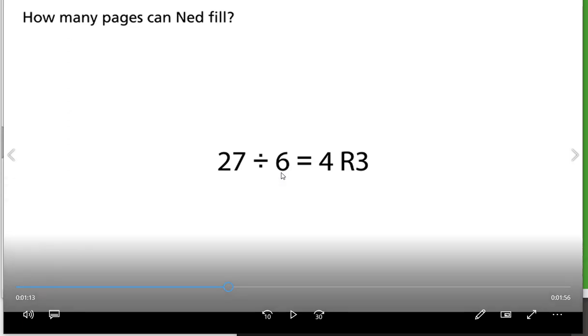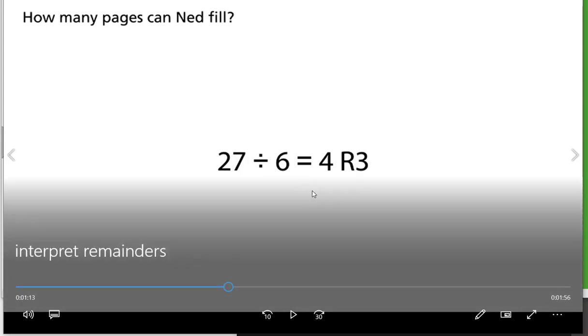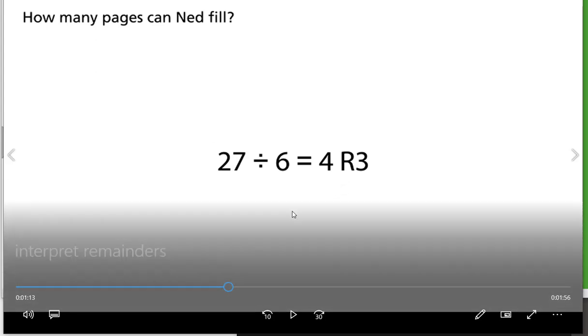So how many pages will he completely fill? 27 divided by 6 equals. You can see the equation. 4. Yes, 4 pages.